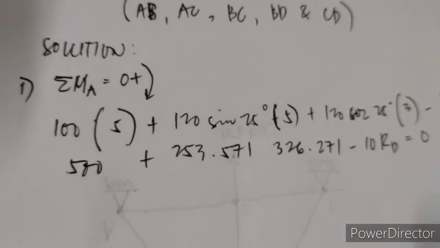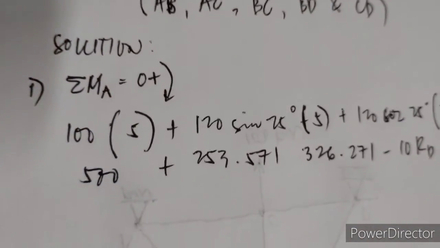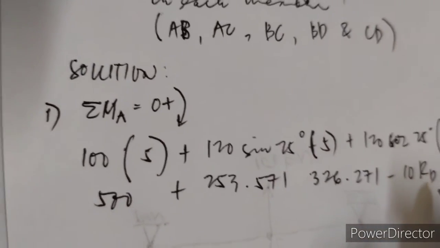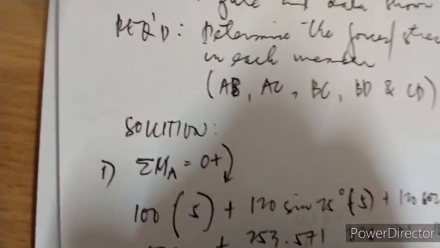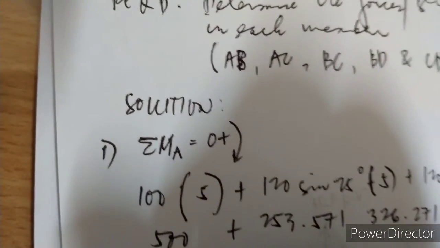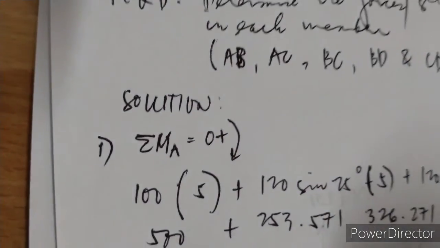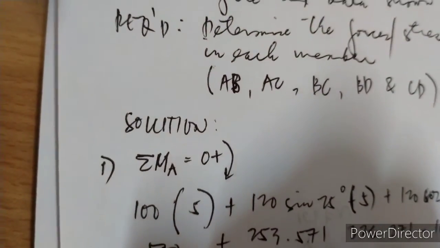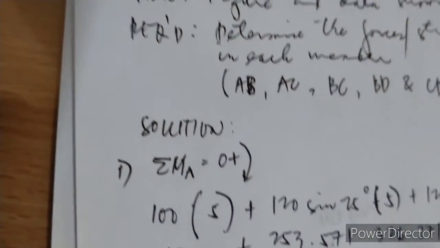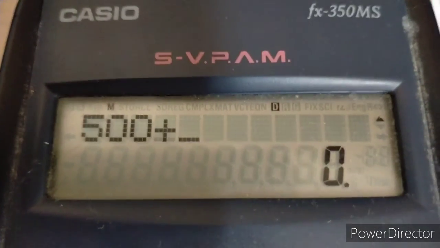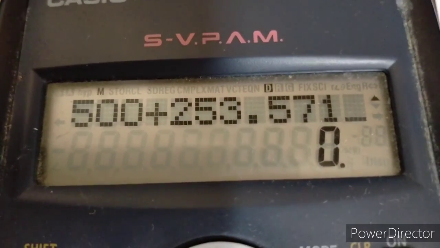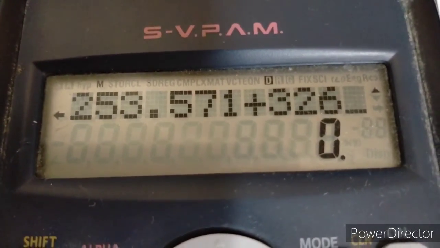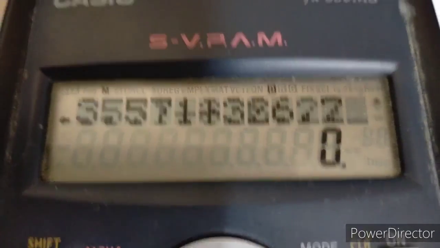So collecting similar terms and transposing the unknown to the left side, it is negative 10 RD, so we're going to put it on the left side, it will become positive. Okay, so this is 10 RD is equal to 500 plus 253.571 plus 326.271.